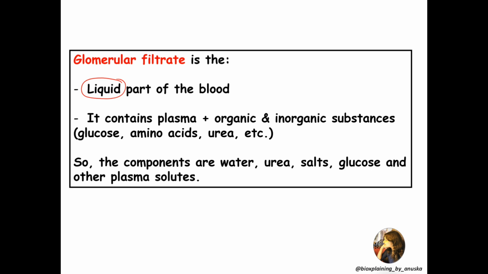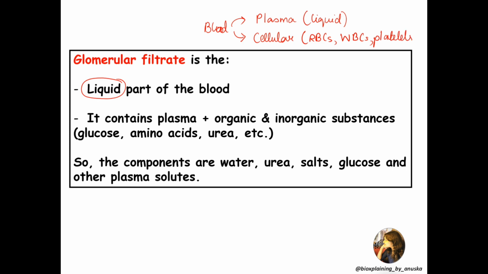One is the plasma, which is the liquid part of the blood, and the other is the cellular part, namely the RBCs, the WBCs, and the platelets. So the glomerular filtrate is mainly concerned with the plasma, the liquid part of the blood.